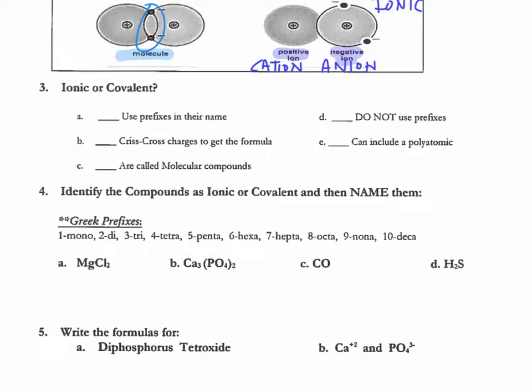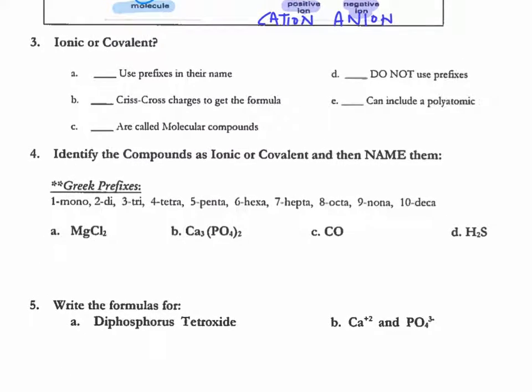All right, down here, number 3. Again, with the ionic and covalent, we need to be certain of our differences between the two. So which one uses prefixes? The only one that uses prefixes in the naming system, those are covalent compounds. The ones that use the crisscross charges to get the formula, that is ionic.